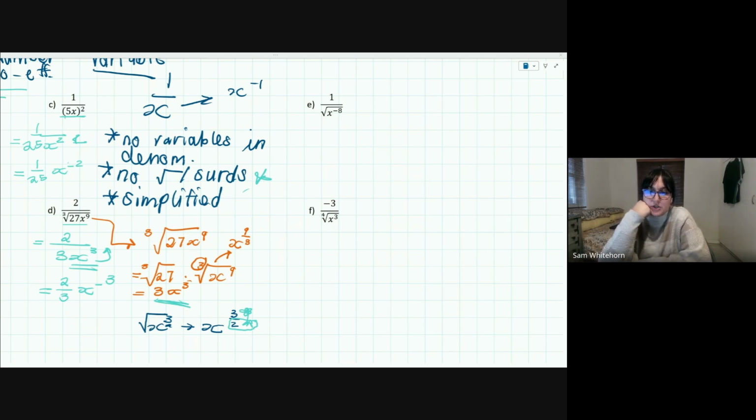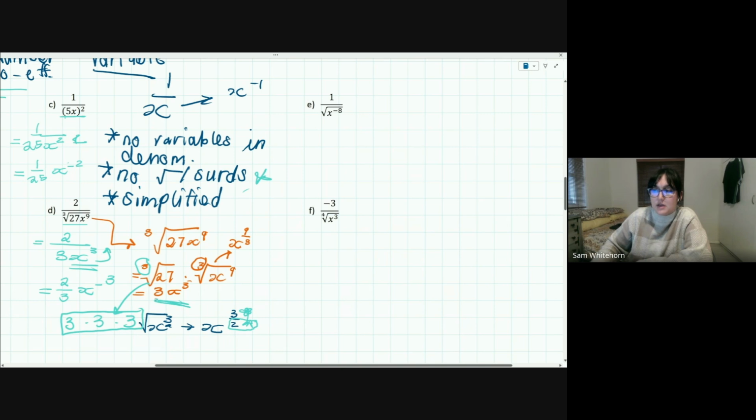Okay, cool. So there's a question of how do we go from root 27 to 3. So just bear in mind it is a cube root of 27. And so if we cube root 27, remember 3 times 3 is 9, times 3 is 27. So the cube root of 27 is then 3. All right, so it is a cube root, so just be careful there.